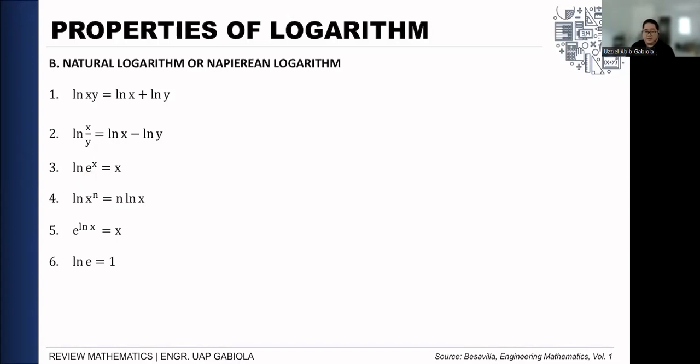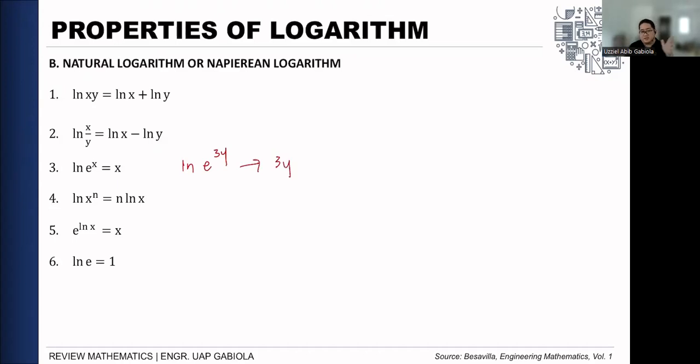So, kung makikita nyo dito, ln e^x equals siya sa x. So, ibig sabihin kapag nakita ka ng ln e, yung equivalent na agad siya dun sa exponent lang natin. Okay? So, halimbawa, nakakita ka ng value na ln e^3y. So, pwedeng sabihin mo na lang siya na 3y. Okay?